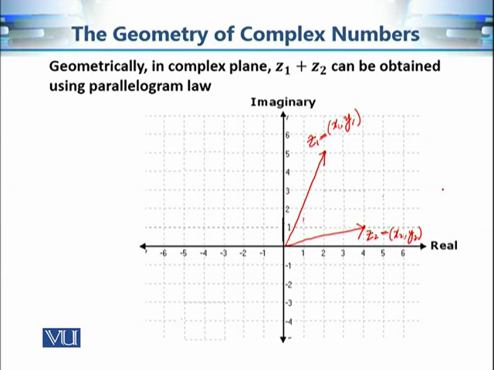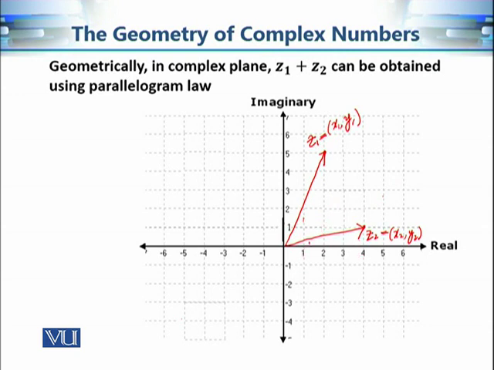So what is the addition of these two vectors? We know from vector analysis that two vectors can be added using the parallelogram law. So what is the parallelogram law? These two vectors form a parallelogram, and the addition of these two vectors is going to be the diagonal of that parallelogram. So what is the parallelogram formed by these two vectors?